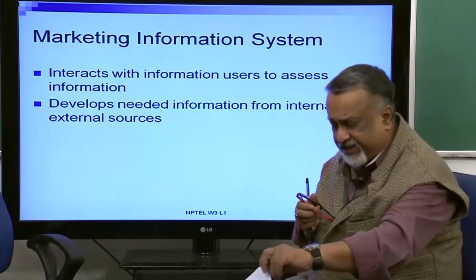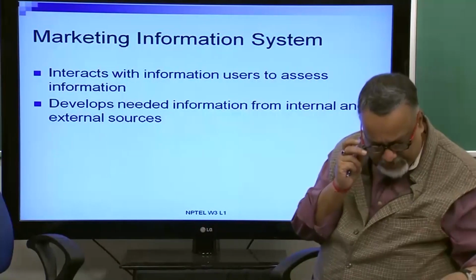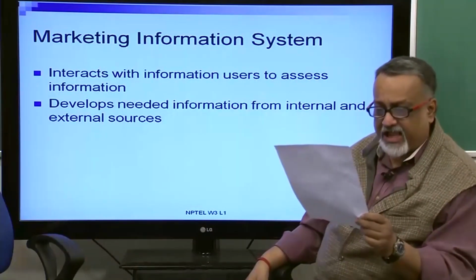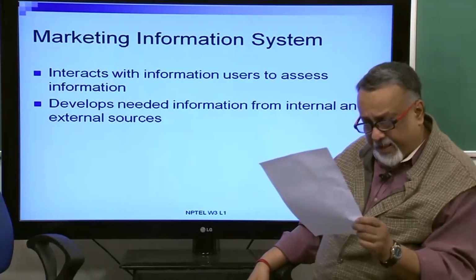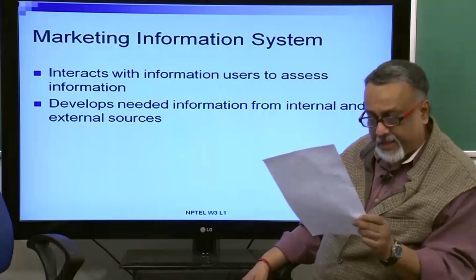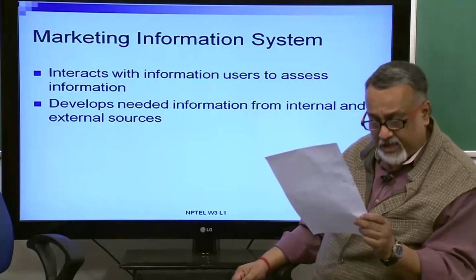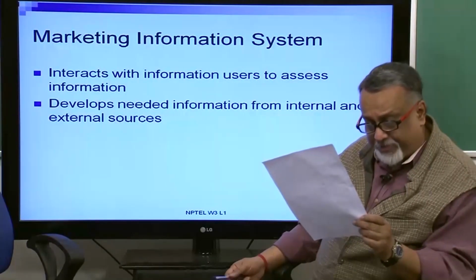Now, these internal sources are of many types. For example, internal records, marketing intelligence, market research. Examples of internal records can be sales data, cost data, cash flow data, production schedule, shipment, inventory, competitor activities, customer demographics, psychographics, buying behavior, customer satisfaction data, service problem records, and so on.